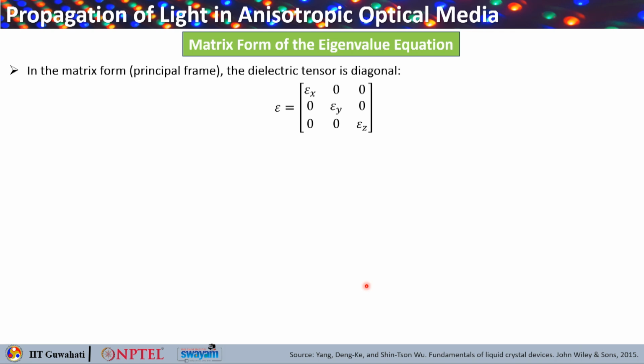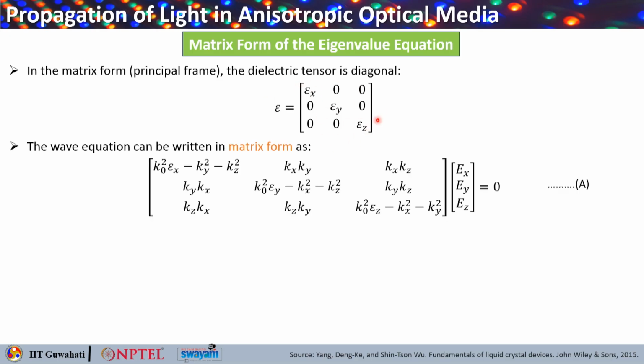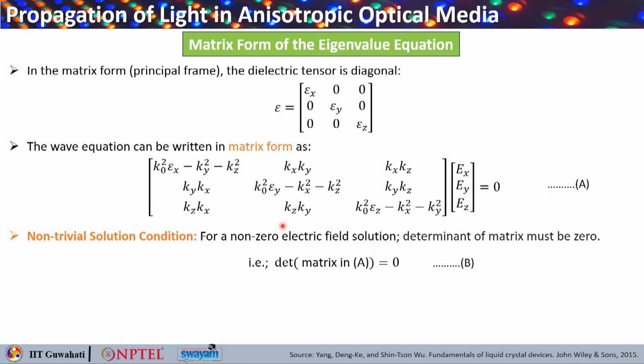If you want to use the matrix form of this eigenvalue equation, it allows you to write the dielectric tensor in the diagonal form as we have seen. So, you put this back into the equation we have seen earlier, you get the wave equation in this particular form. So, this is again the wave equation, but it is in a matrix form and it is valid for an anisotropic medium.